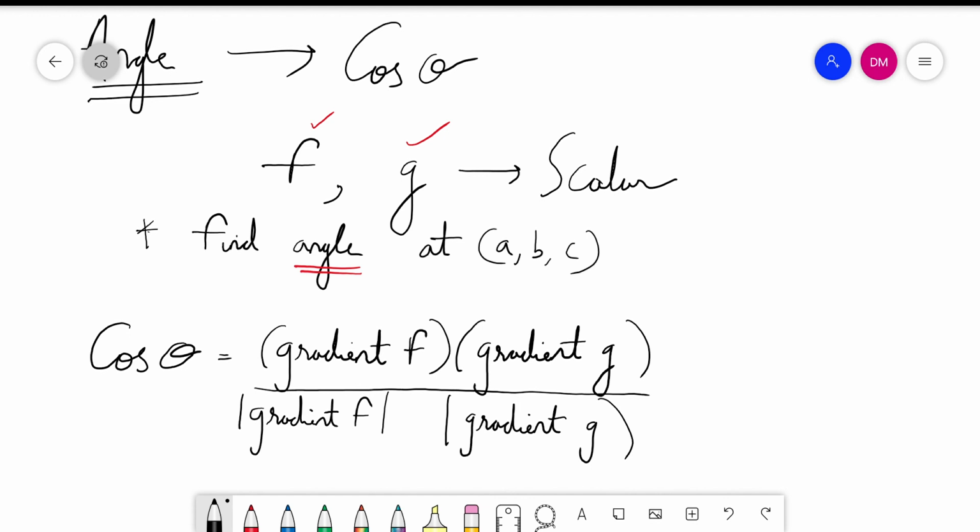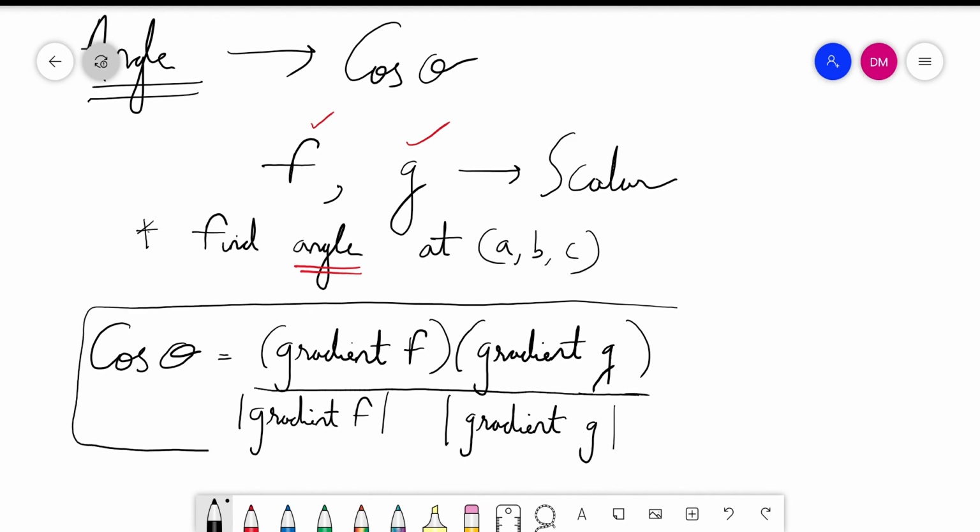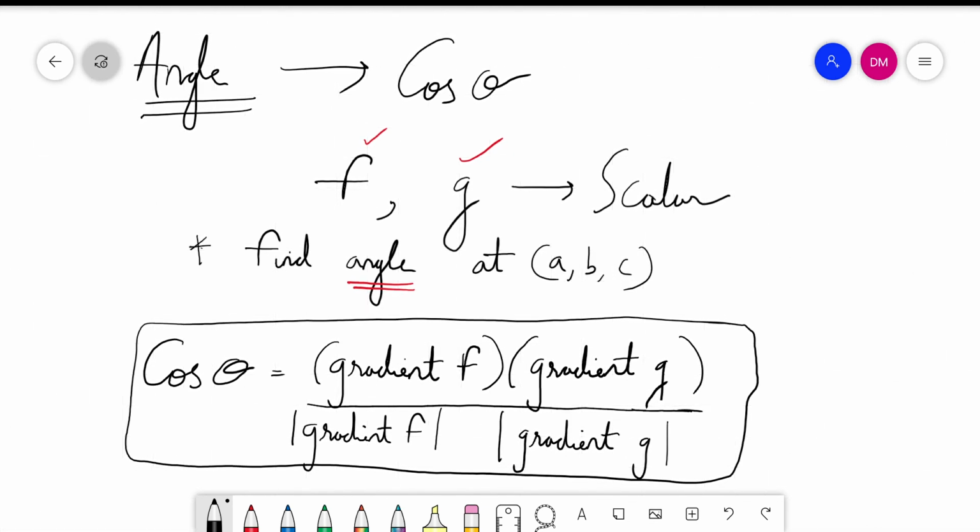So this is the formula which needs to be remembered. And how to find the angle? The formula is this: cos theta equal to the gradient of f into the gradient of g divided by the mod of the gradient of f into the mod of the gradient of g.